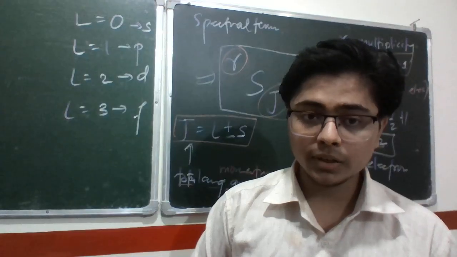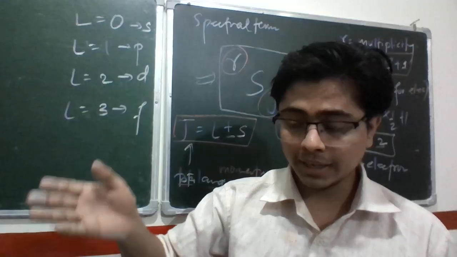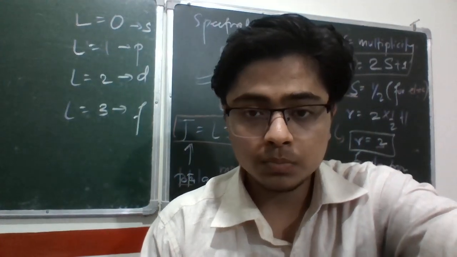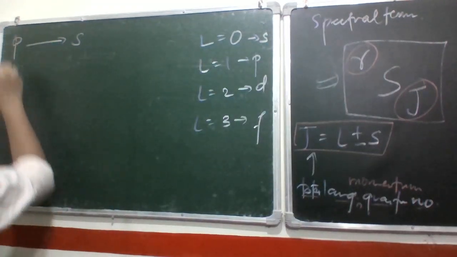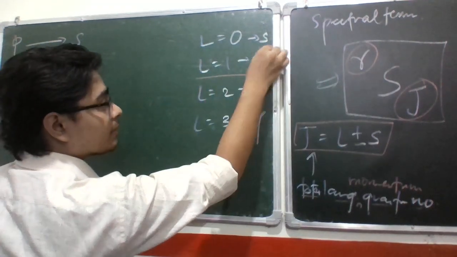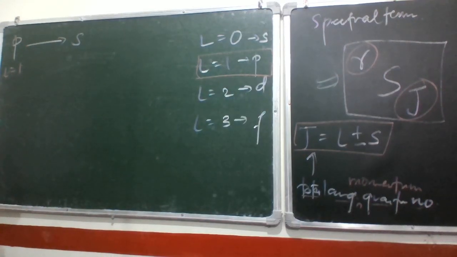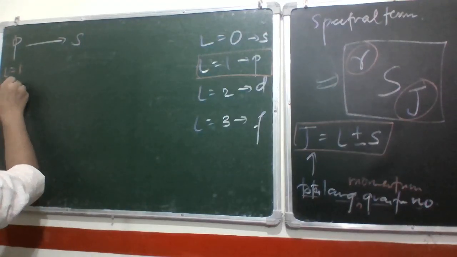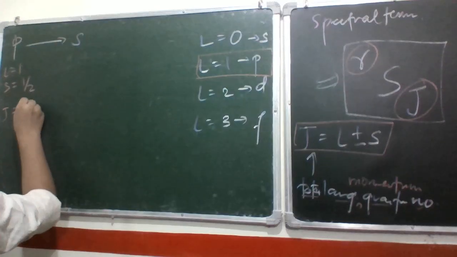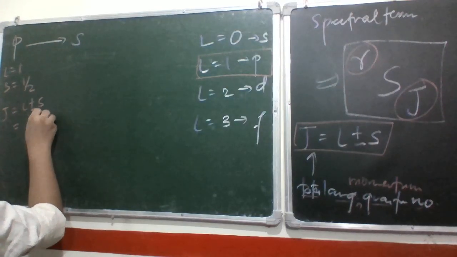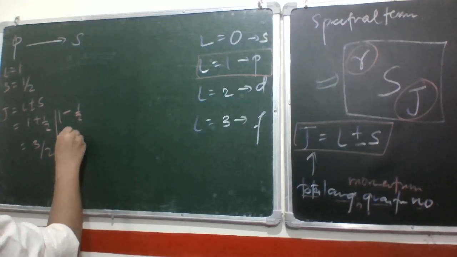How do we write this spectral line? This is our case. Now this p orbital is given by L equals 1. Spin for an electron is always half. So our J would have values L plus minus S: 1 plus half, that is 3 by 2, or 1 minus half, that is 1 by 2.